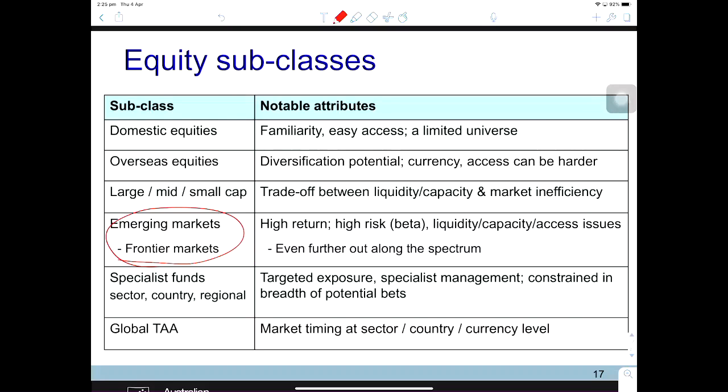Especially after the 1990s, in recent years of globalization and the liberalization of financial markets in a lot of the emerging markets, foreign investors find it much easier to invest in these emerging market equities. Now this exotic beta or excess return that you might expect to extract from emerging market equity has been decreasing.